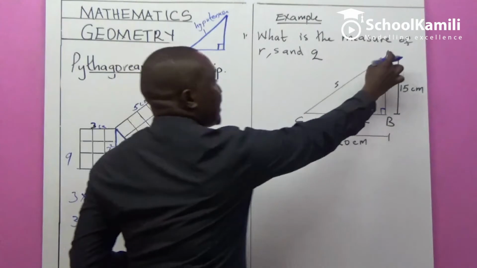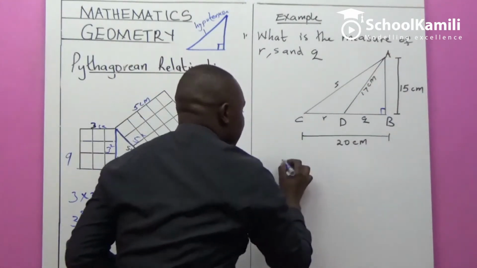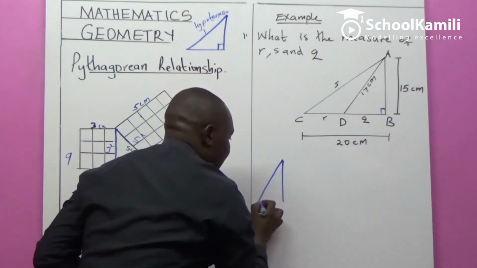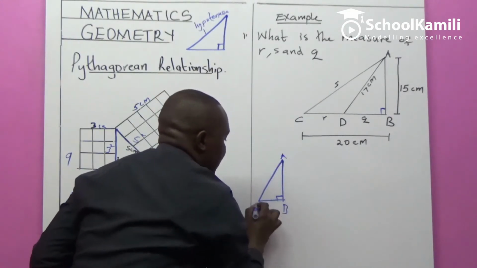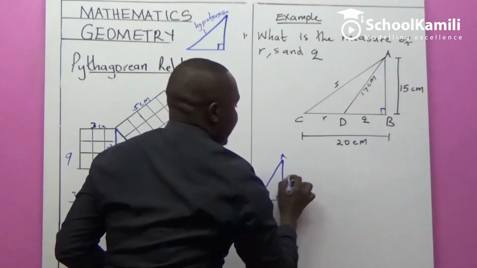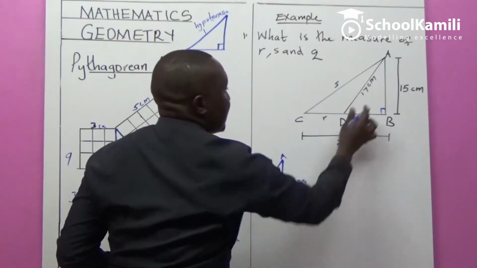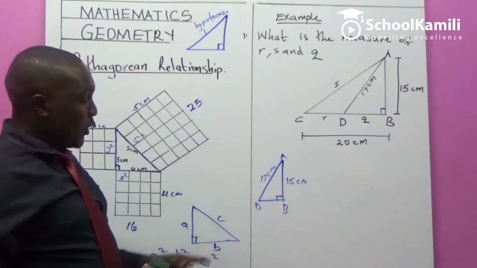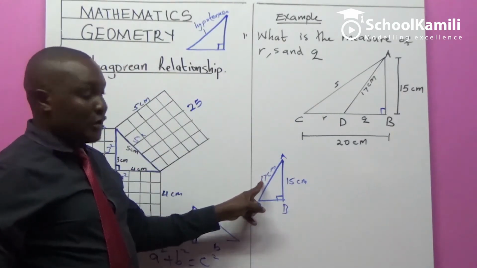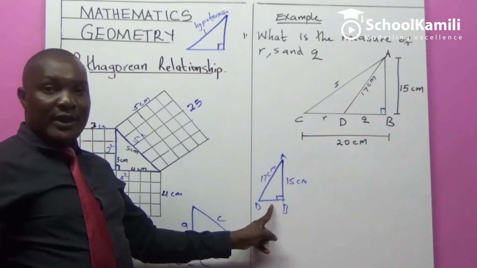Now, let's take triangle A, B, D, this small one. So this side, we have been given it's 15 centimeters. This side, we have been given 17 centimeters. So you can see we have the hypotenuse. We have the height. We don't have the base.